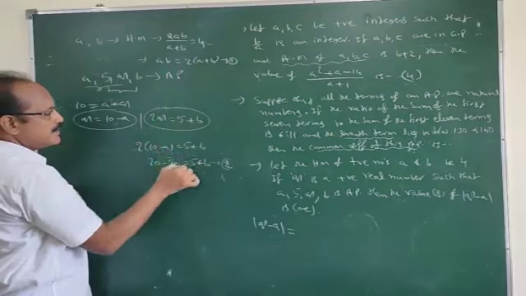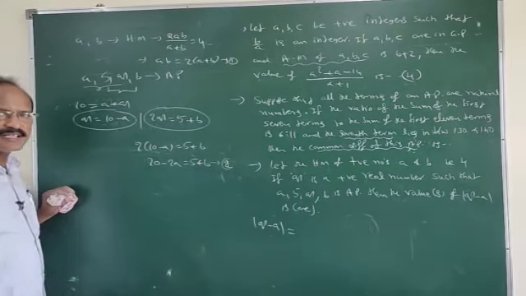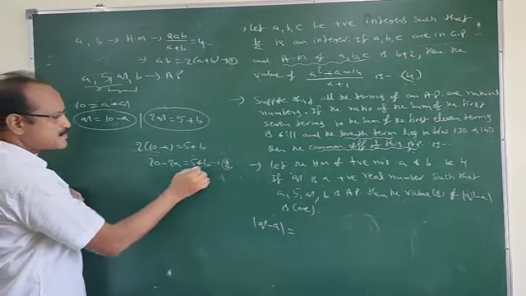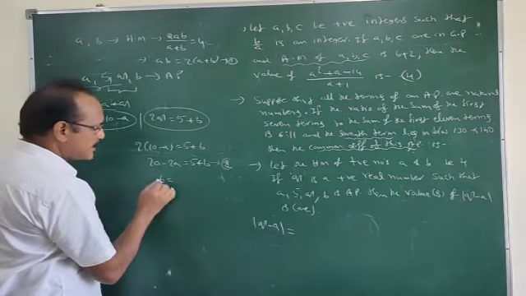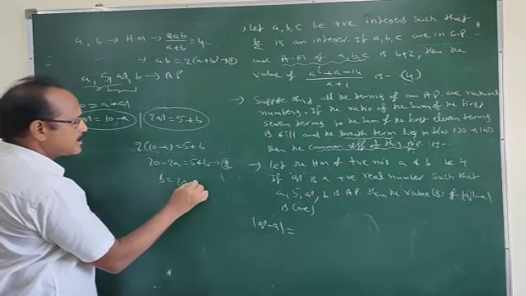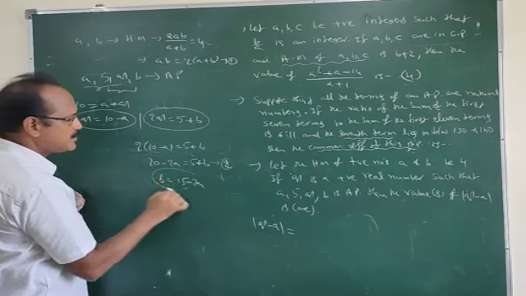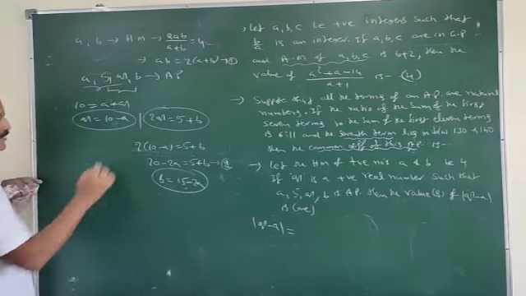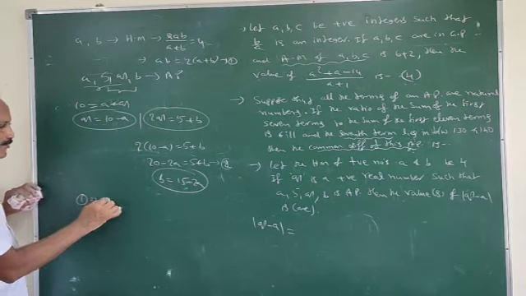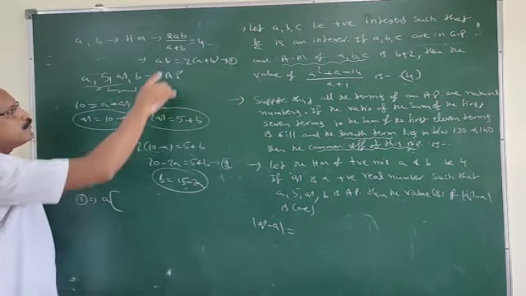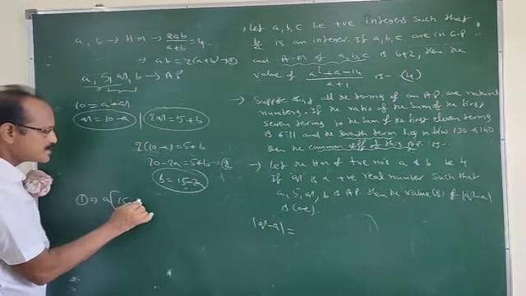Now from 1 and 2 we can solve the A value as well as the B value, or you can replace B. We have to calculate the A value. That's why, of course, B is 15 minus 2A.